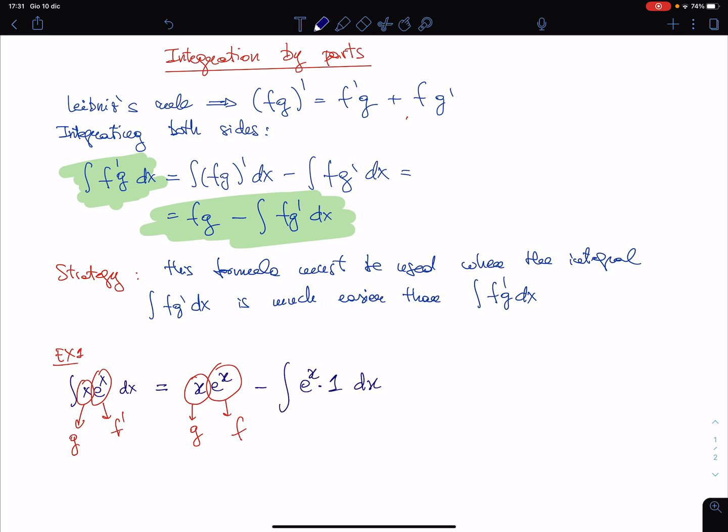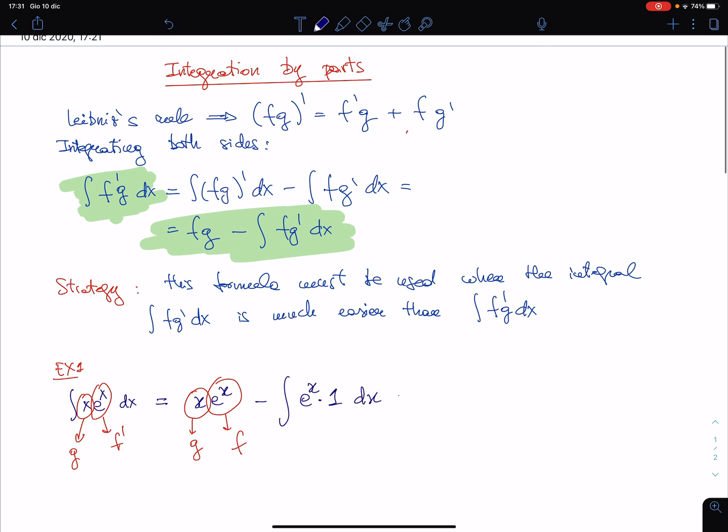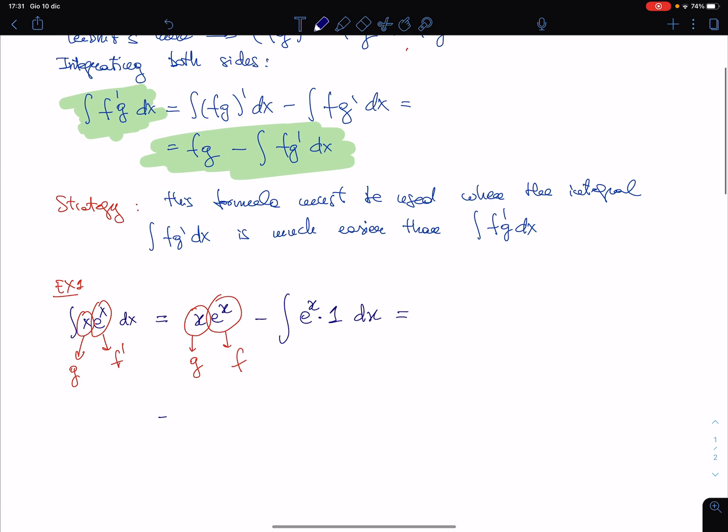So here we end up with an integral which is much easier than this one, so we can go forward, and here we have x e to the x minus the integral of e to the x dx. So this is x e to the x minus e to the x plus c. And so we have solved it.